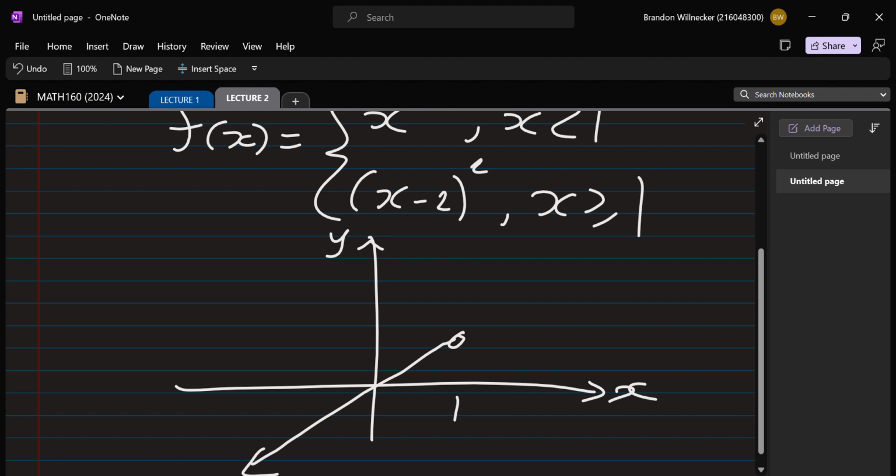Okay, next part, x minus 2 squared. What is that going to be? Let's see what that will be at 1, and then we'll see what it will look like after that. If we substitute x equals 1, which we can do because it's included in that subdomain, what do we get?